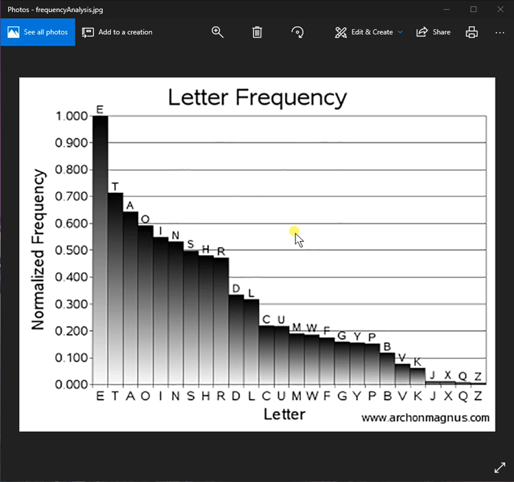But letter frequency data, you can write a simple program to show you what it is.